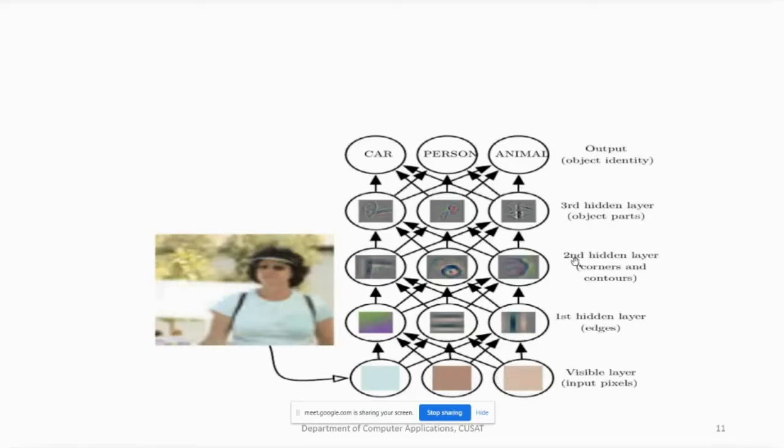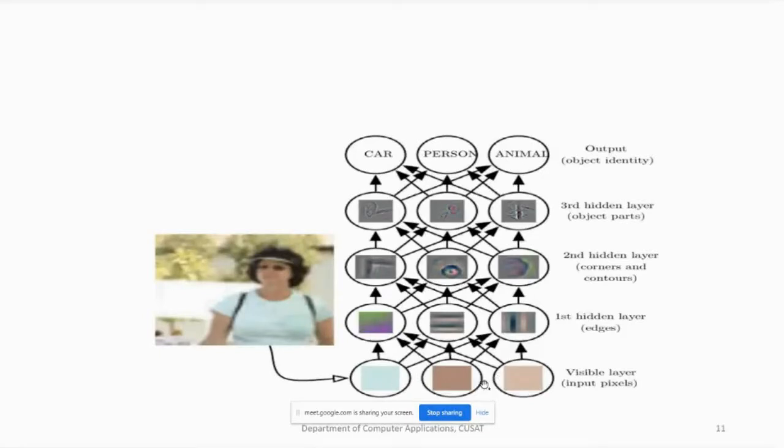In the first hidden layer, some low-level features are extracted from that image. In the input layer, the input is nothing but the pixel intensities of this particular image.